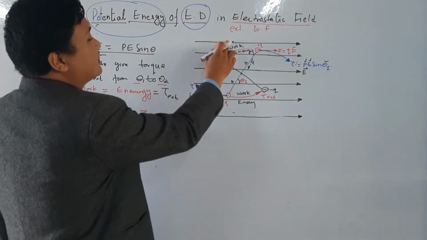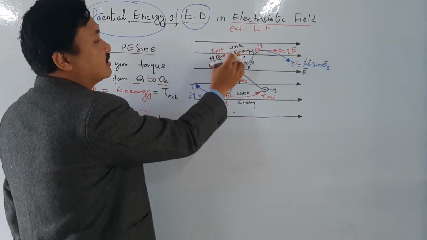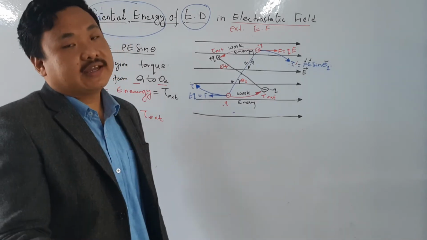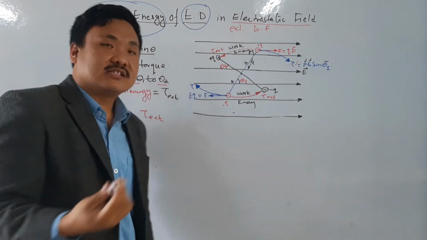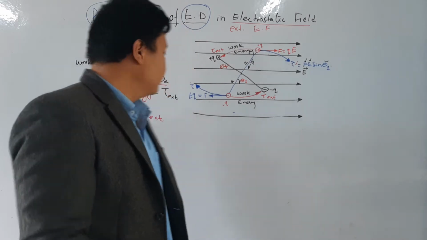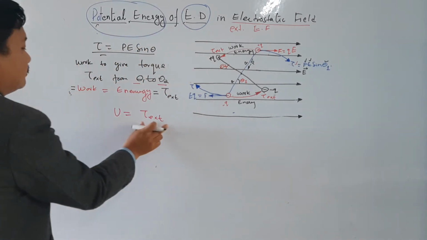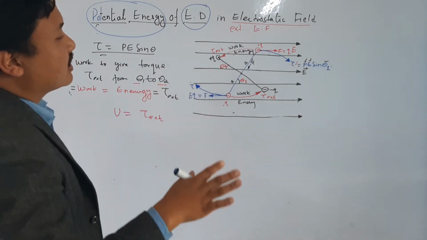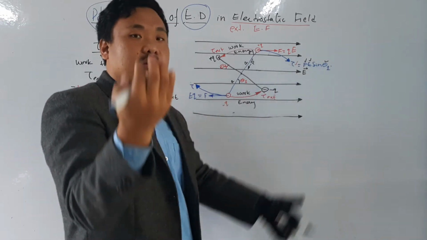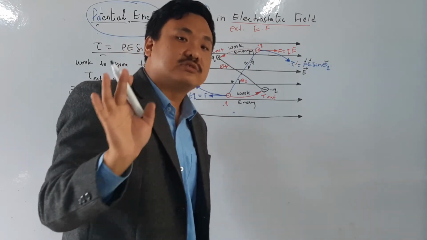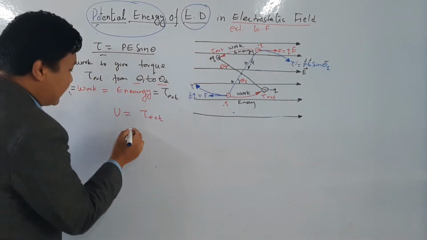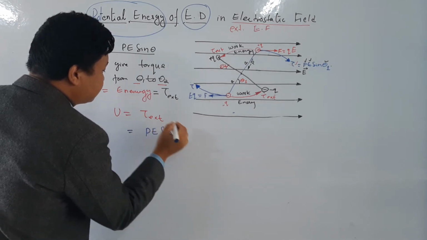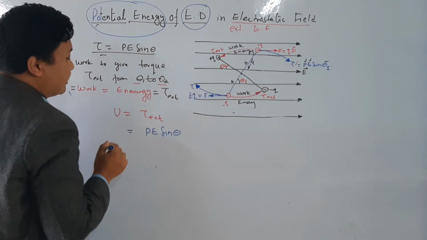This work is giving me external torque, which is my energy, because energy is my work done, and work done is my potential. So U is equal to external torque. Now how much will be the torque? Whether it is this torque or that torque, the formula of torque will remain same. So I will write this will be equal to PE sine theta, and what I am doing?